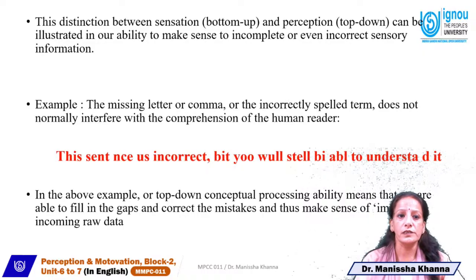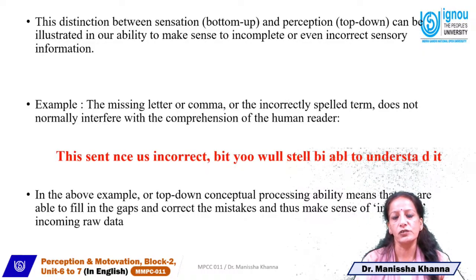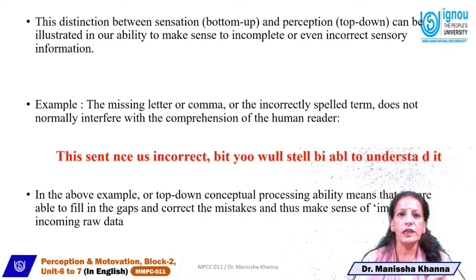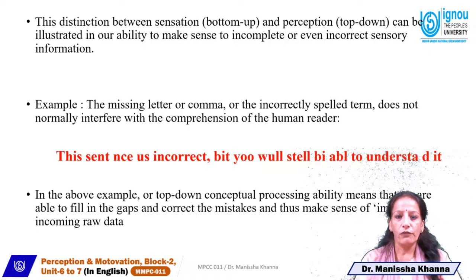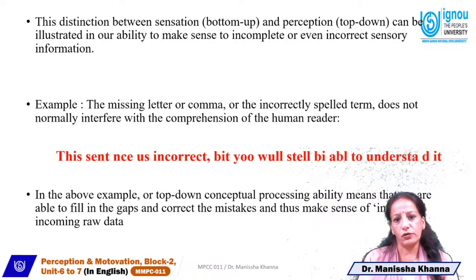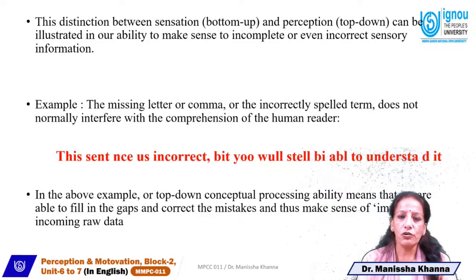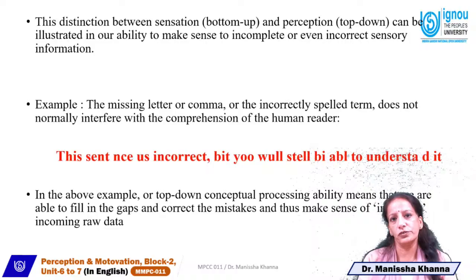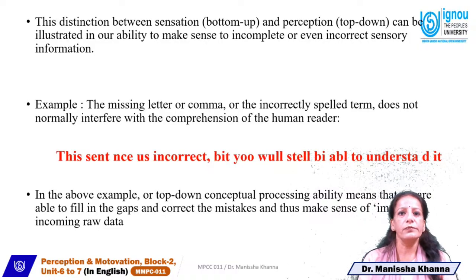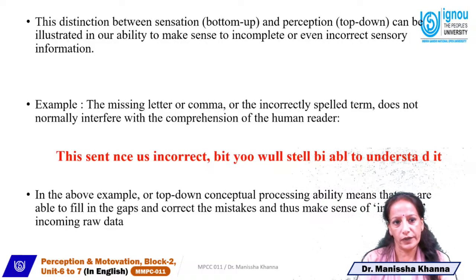That can be illustrated in our ability to make sense of incomplete or even incorrect sensory information. For example, a missing letter or a comma or an incorrectly spelled term does not normally interfere with the comprehension of the human reader. Let's take this example given in the red text.